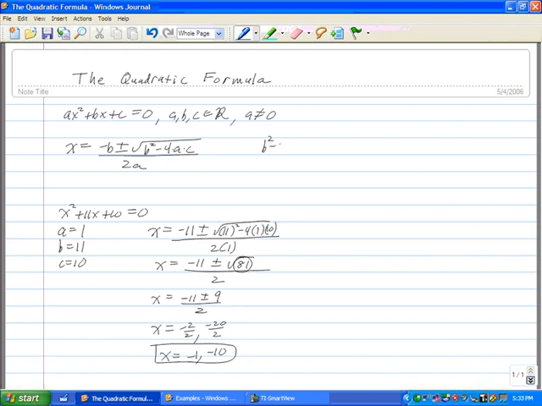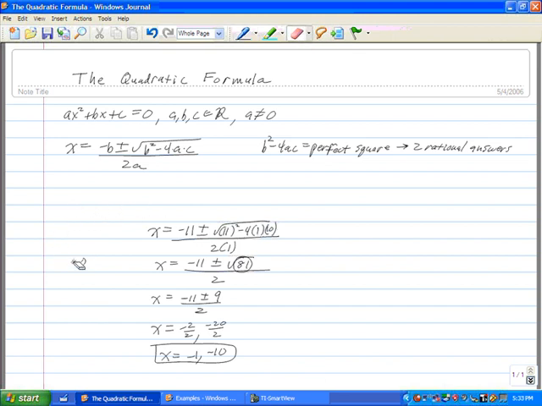B squared minus 4AC, if it equals a perfect square, that implies two rational answers. Okay, so let's move on to another example.